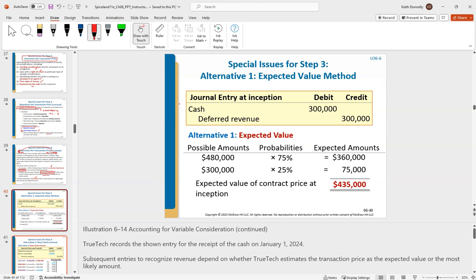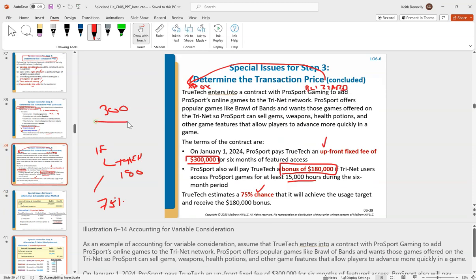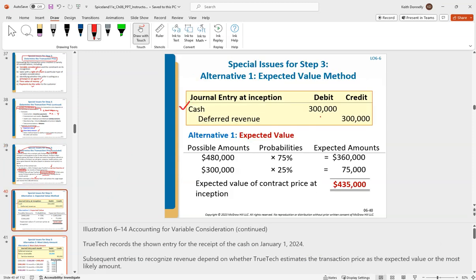As a starting point, with regard to the $300 that they give us up front, debit cash, credit deferred revenue, and we'll recognize this over the next 6 months, 50 grand a month, 300 divided by 6.